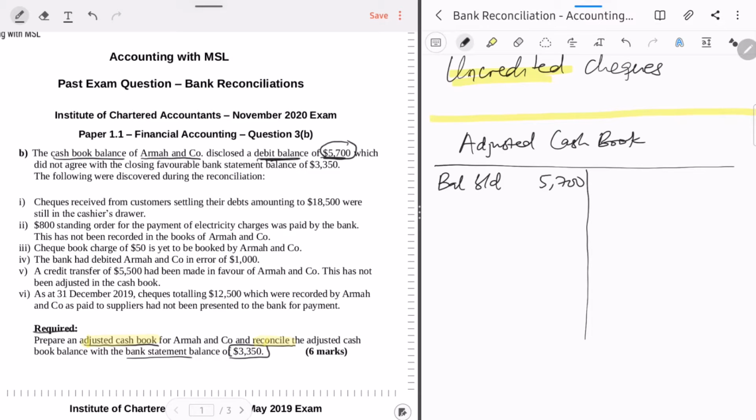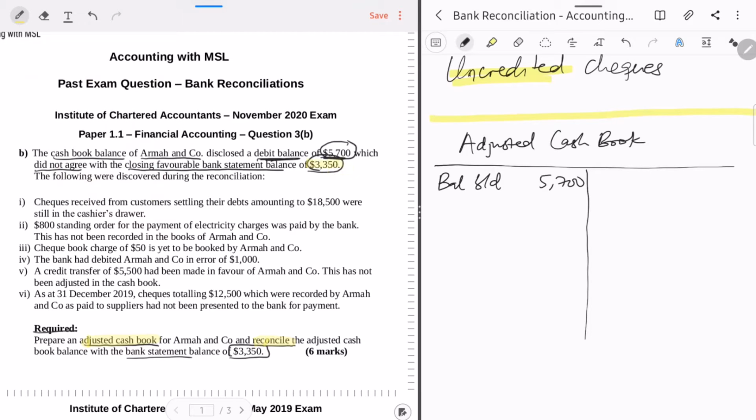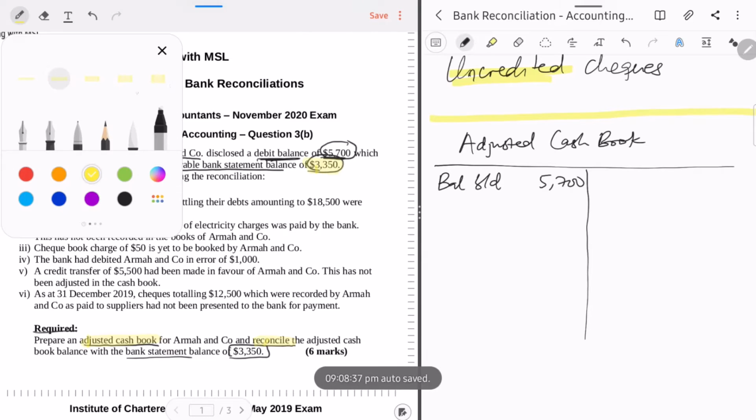All right. Which did not agree with a closing favorable bank statement balance of 3,350. A favorable balance at the bank clearly means that what? You have a credit balance. You have not overdrawn your balance. So let's take note. This is how much we must reconcile with in the end. So don't worry, we'll do that.